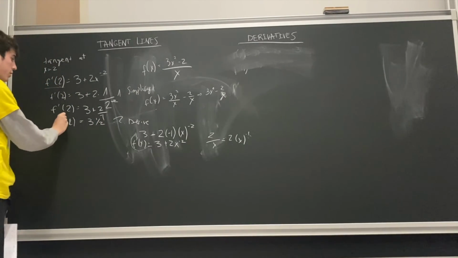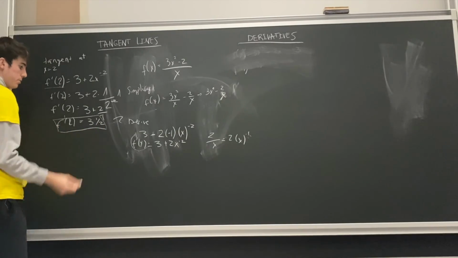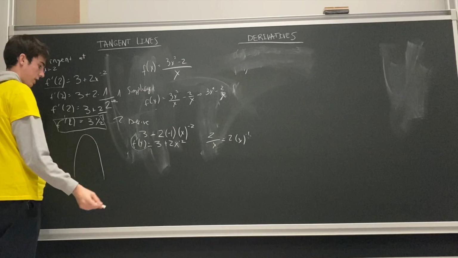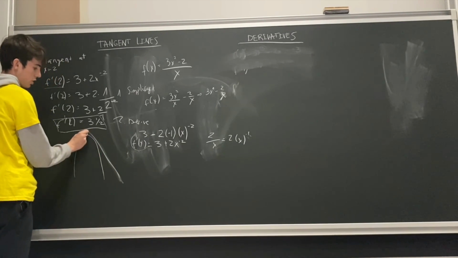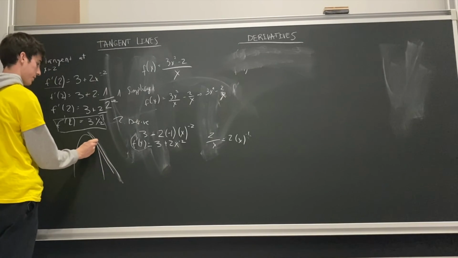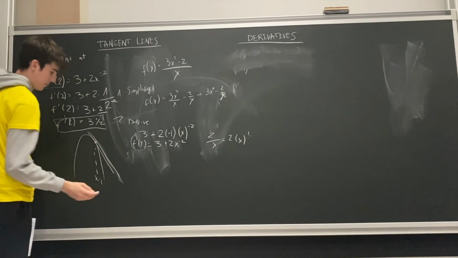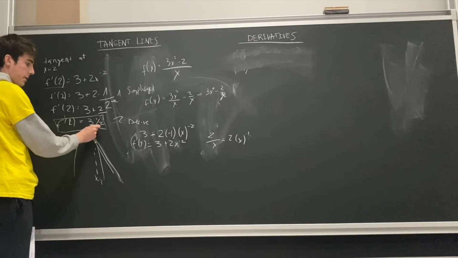So this is our slope for the given point. Imagine this is our graph, it doesn't matter if it's up or down, and imagine this is our tangent line, which touches the point where x equals 2. At this point, the slope is 3 1/2.